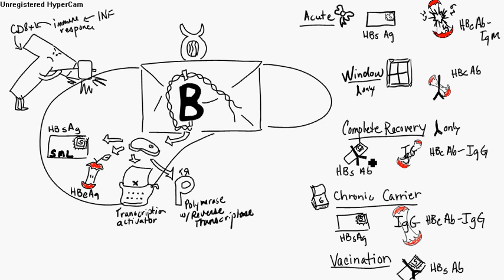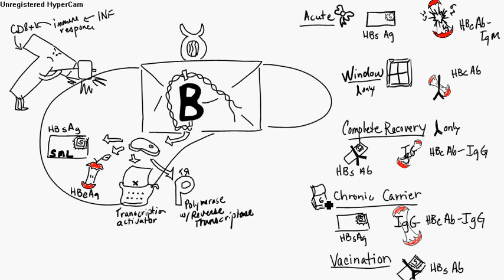This HBs surface antibody says now you're immune to the virus. And you won't show any surface antigens because they've all been cleared. So you've got this complete recovery because these antibodies have taken care of all the antigens.